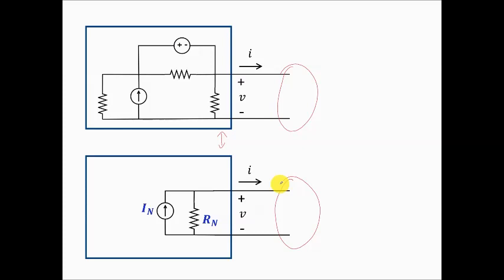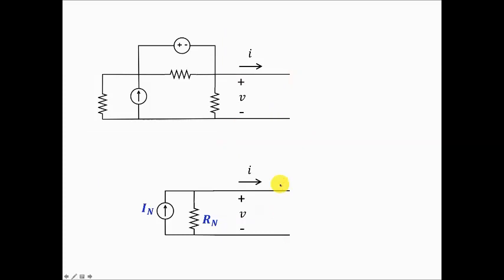But where for the Thevenin theorem, we basically had an equivalent model that consisted of a voltage source and a resistor, for Norton, we have a current source and a resistor. To be able to calculate these two elements, the current source and the resistor, we actually follow the same procedure.